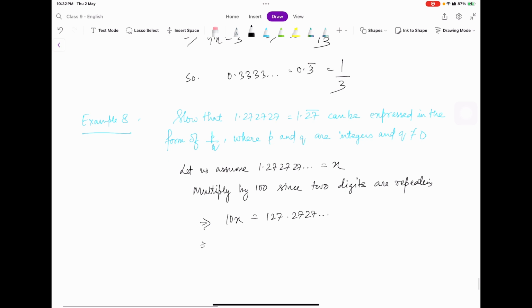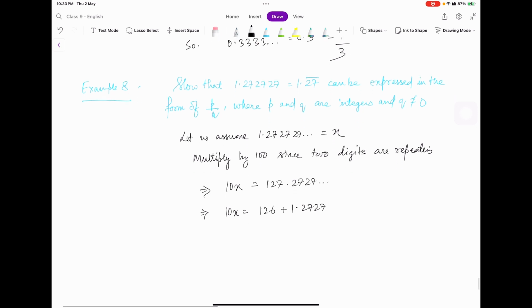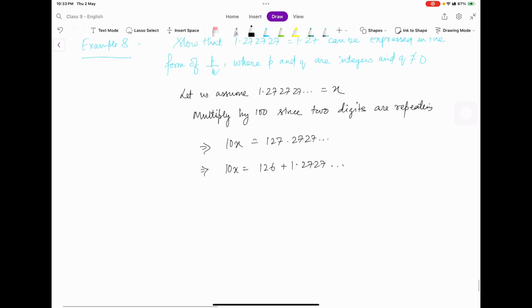Now we need this number x again. How will we get this? If we write it as 126 plus 1.272727, you understood this part. I'll get 127.272727. So now this is x.